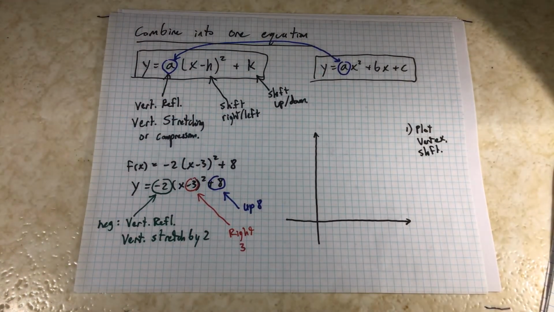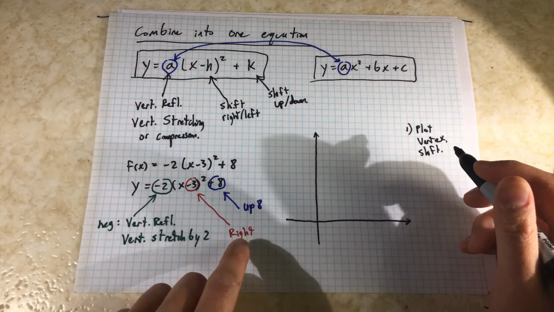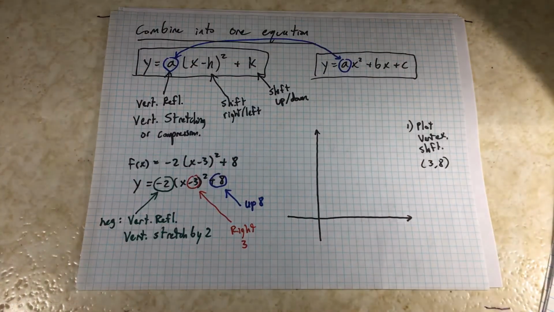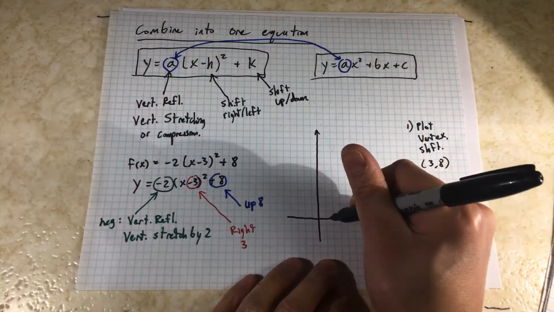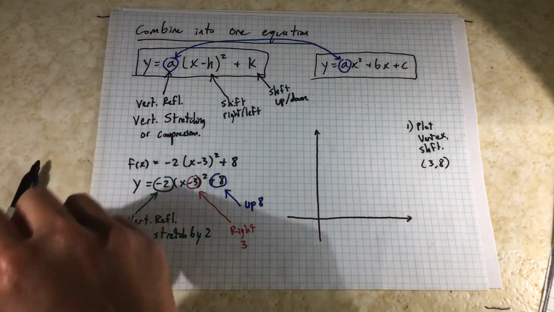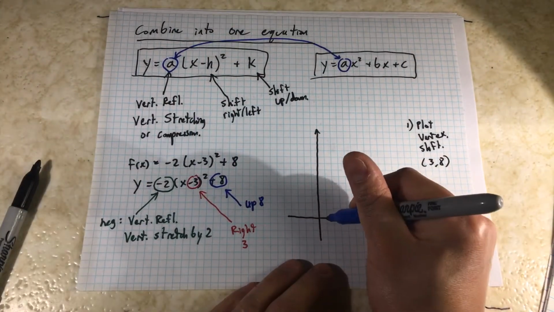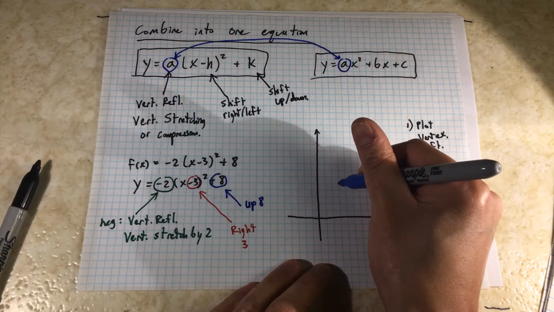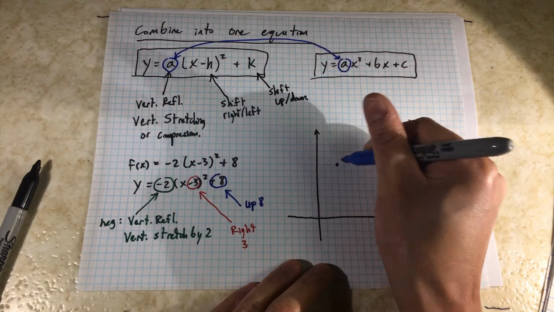All right, so our vertex shift here, I guess I'll use blue. So the first thing I know is that if I'm moving right 3 and up 8, my vertex is going to be (3, 8). All right, so my vertex goes at (3, 8). So I have 1, 2, 3, and 1, 2, 3, 4, 5, 6, 7, 8.